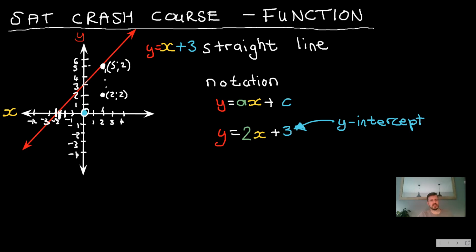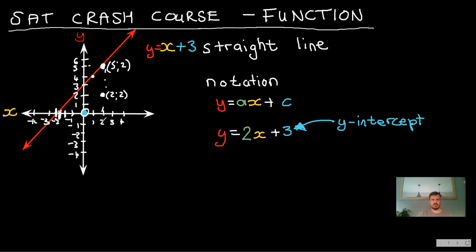So it starts at 3, and then it goes up by 1. Every time x goes up by 1, the y goes up by 1. So it starts at 3 and 0, then goes up to 4 at 1, and when it goes to 2, it goes up another 1 to 5.